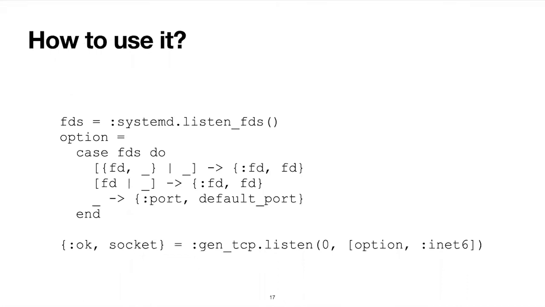How do we use it? We just get the list of sockets, the file descriptors that were provided for us, and we can pass them to gen_tcp or gen_udp. Unfortunately, currently gen_sctp is not supported because it doesn't support using a file descriptor.